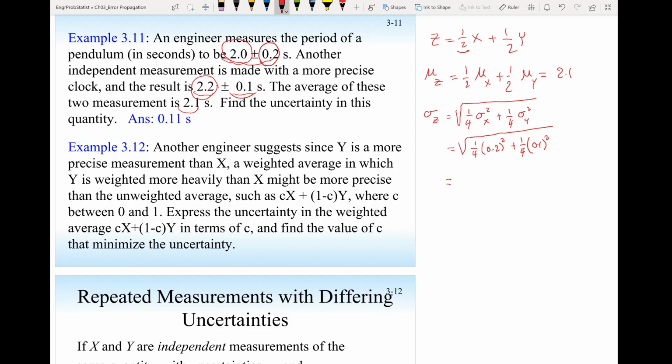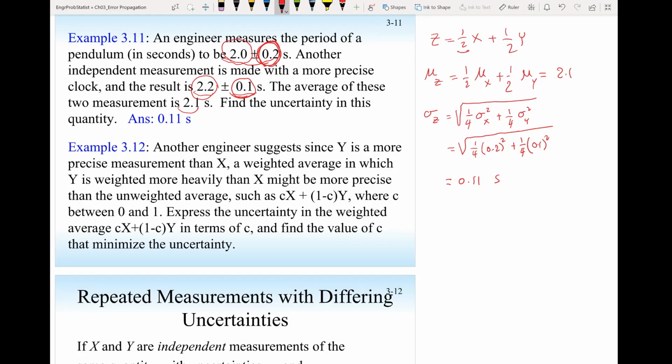When you calculate this, you should get 0.11 second. So the uncertainty is 0.11 second. Yes, it's still worse than this one, but better than this one.